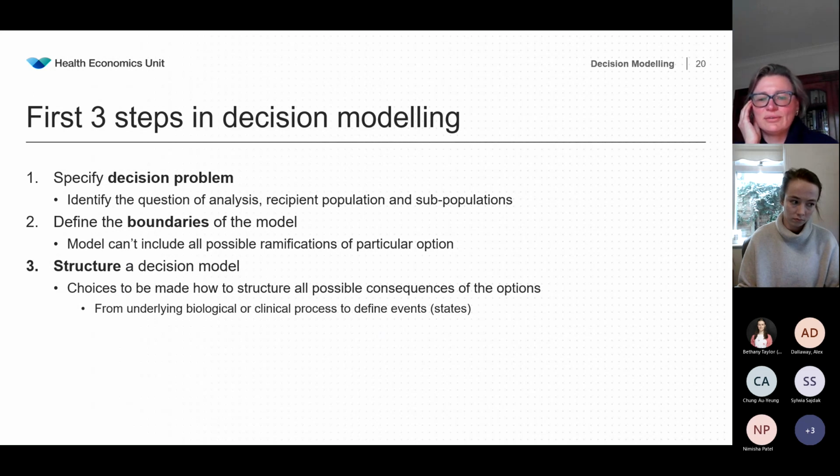So sometimes it is explicitly known, for example, in submission for reimbursements, but sometimes it has to come from the characteristics of the evaluation. The second step is defining the boundaries of the model. So, models are really a simplification of reality, and we need to make some choices about which of the possible consequences we can model.